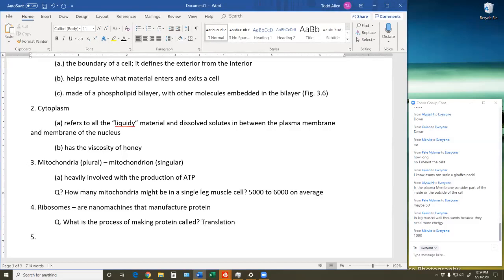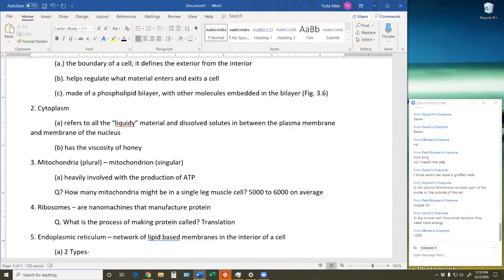Next, we have the endoplasmic reticulum. This is a network of lipid-based membranes in the interior of a cell. Now, there's two types.